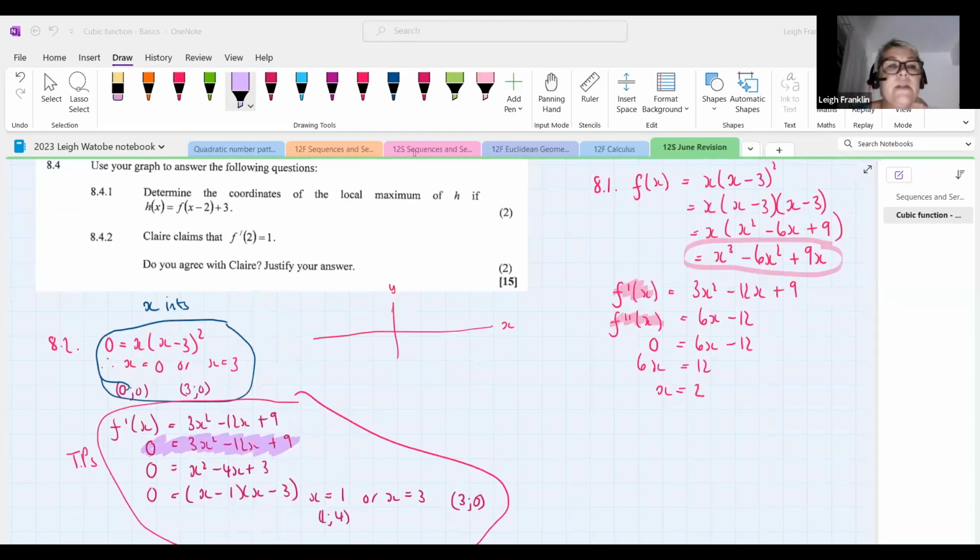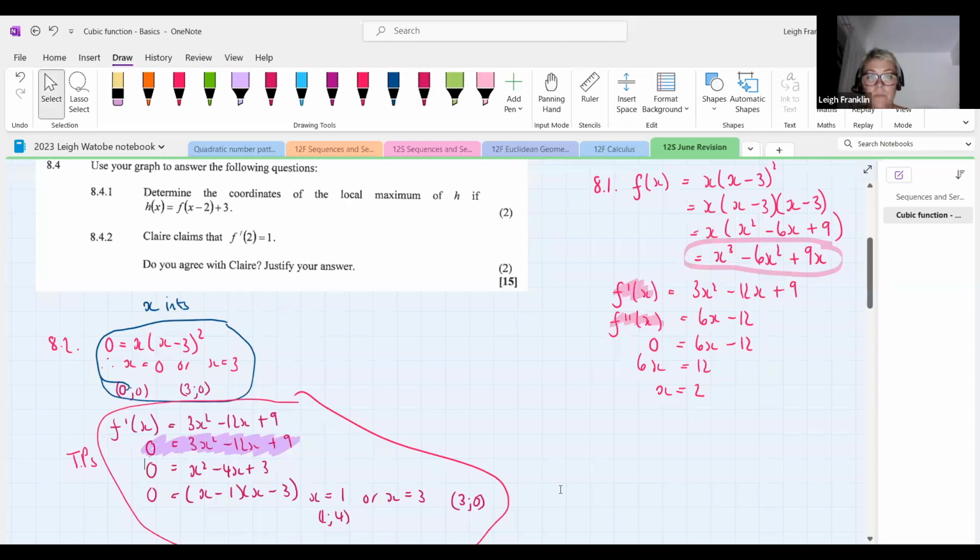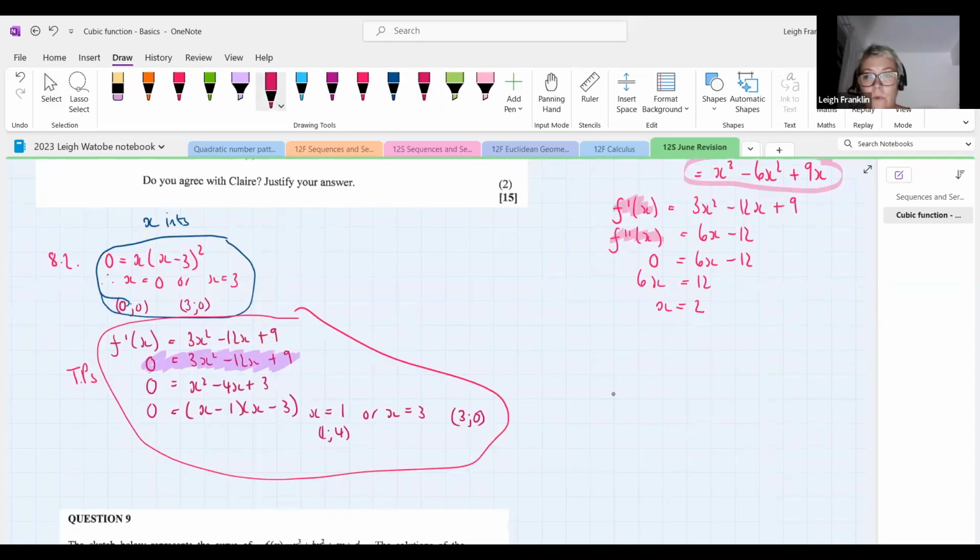Okay, so now all we need to do is sketch this graph. All right, so we know that we have got a turning point in the first quadrant. We know our graph has got to go through the origin.